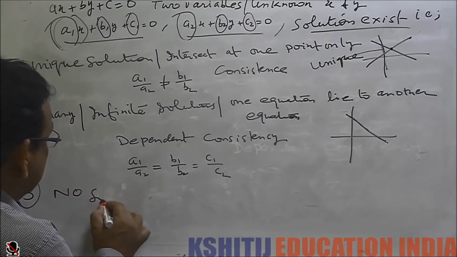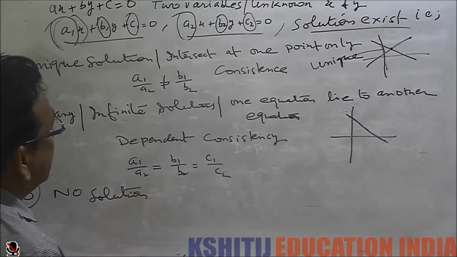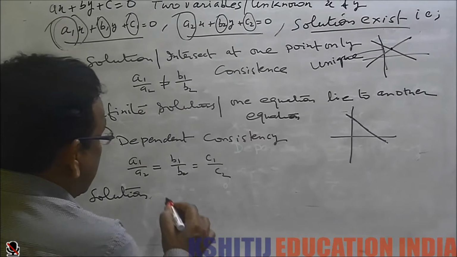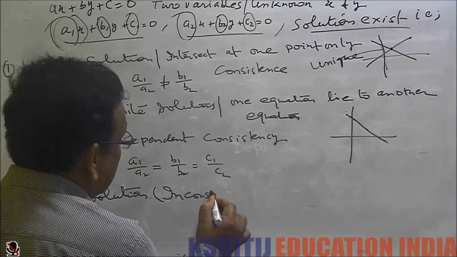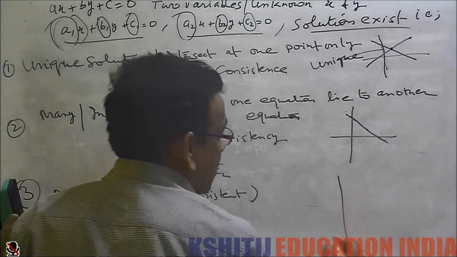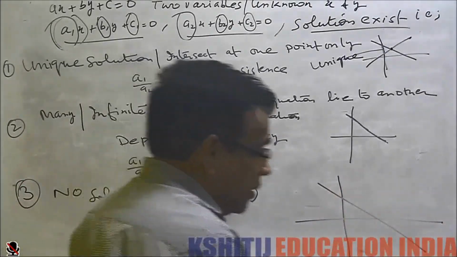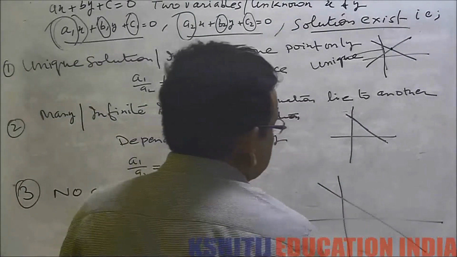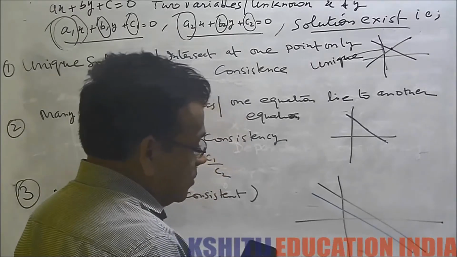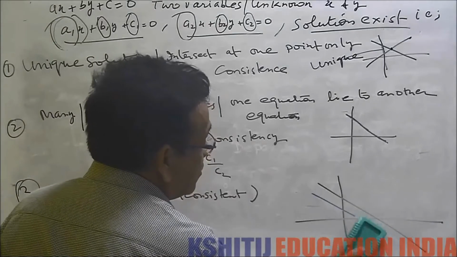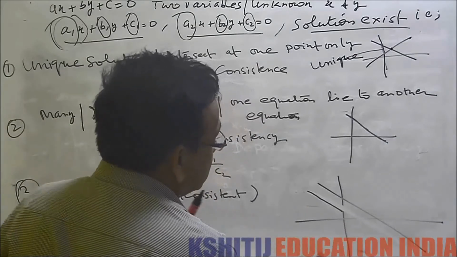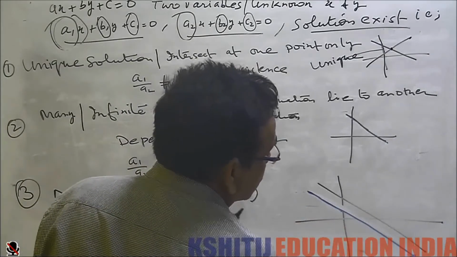Third is no solution, inconsistent. The equations are parallel to each other, so they won't intersect.